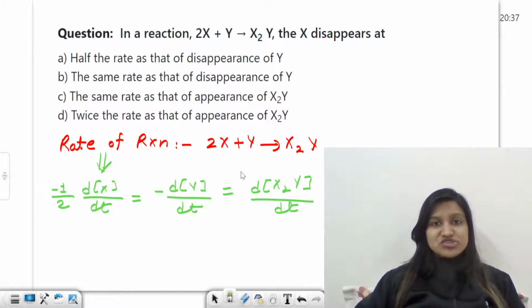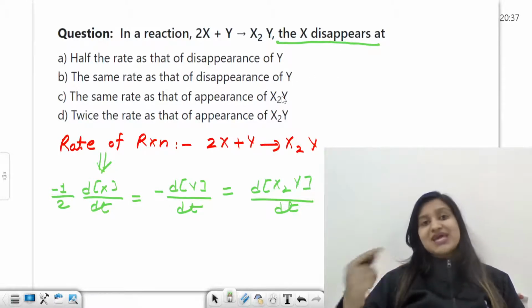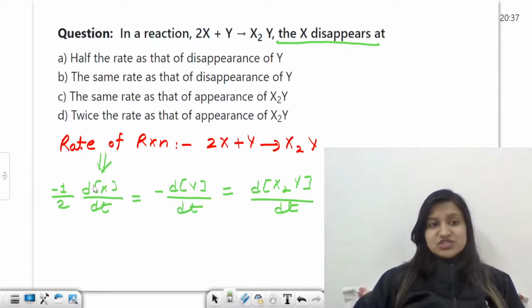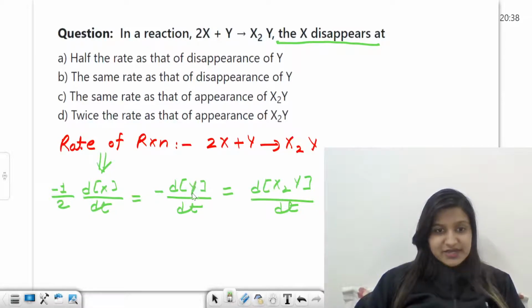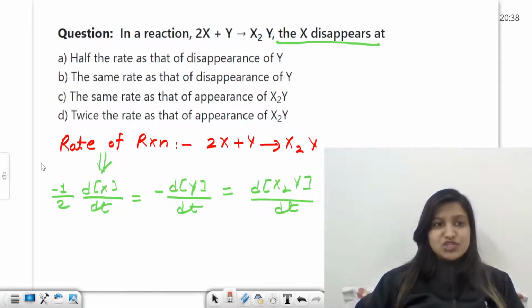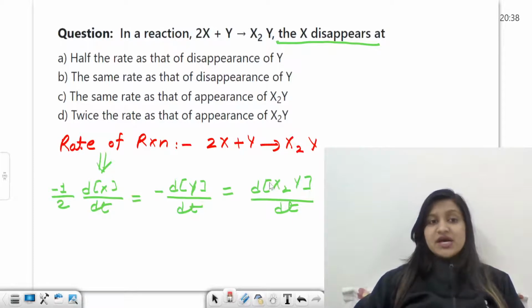So what we need to check, the X disappears. So we need to calculate the rate of disappearance of X. So this will be in terms of, let's check in terms of Y, right? This is our Y. So that will be twice the rate of Y and twice the rate as that of appearance of X2Y, correct?